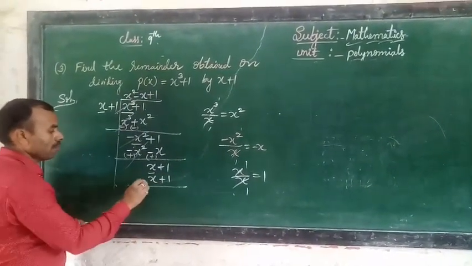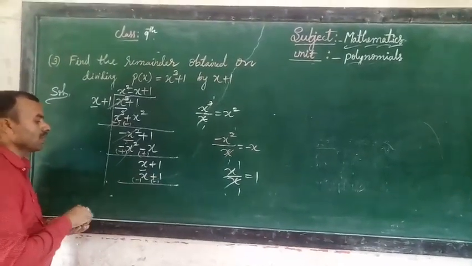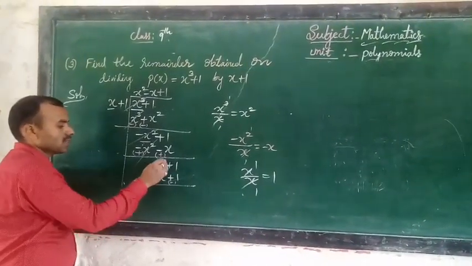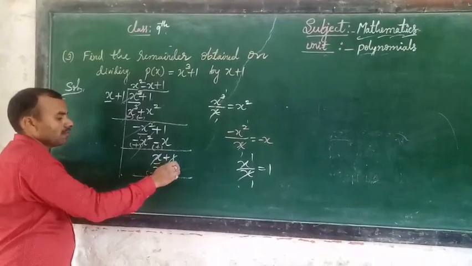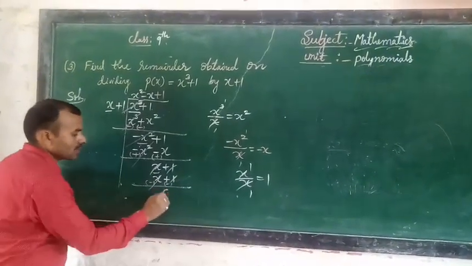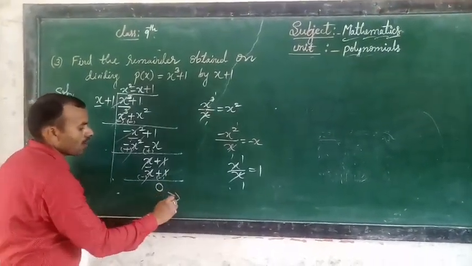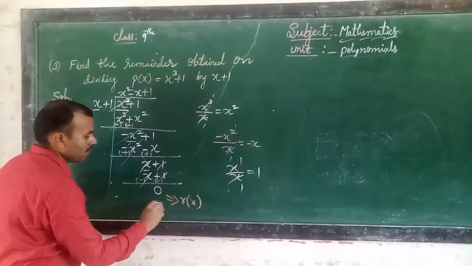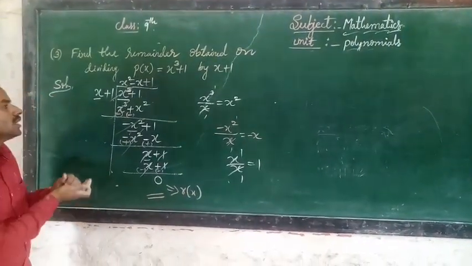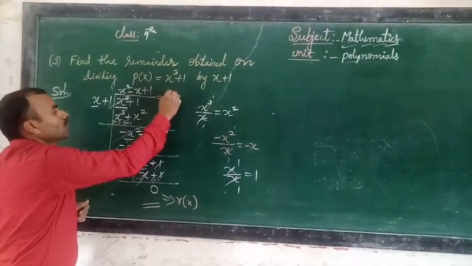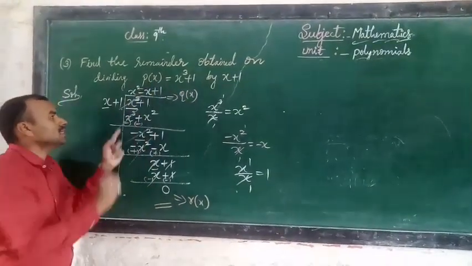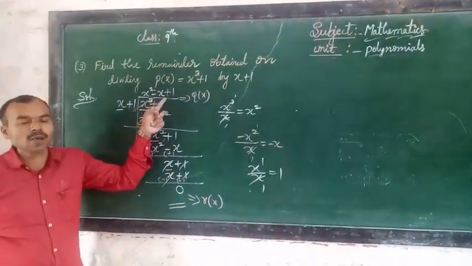Changing the sign, minus get cancelled, plus x minus x get cancelled, plus 1 minus 1 get cancelled. Here 0. This is r of x. The remainder is 0 and the quotient, this is q of x, is x square minus x plus 1.